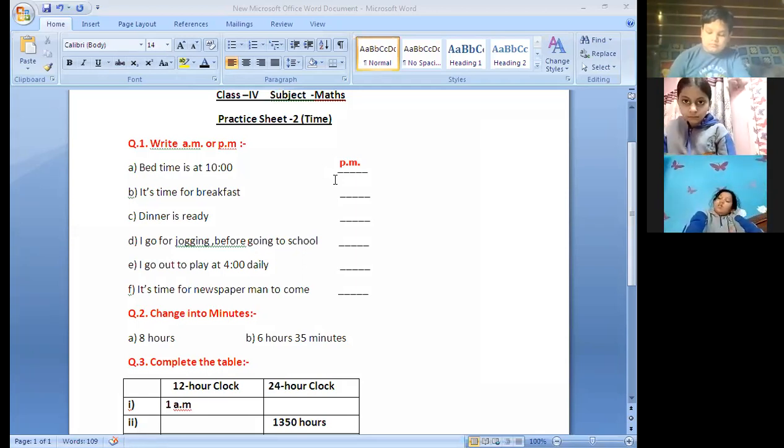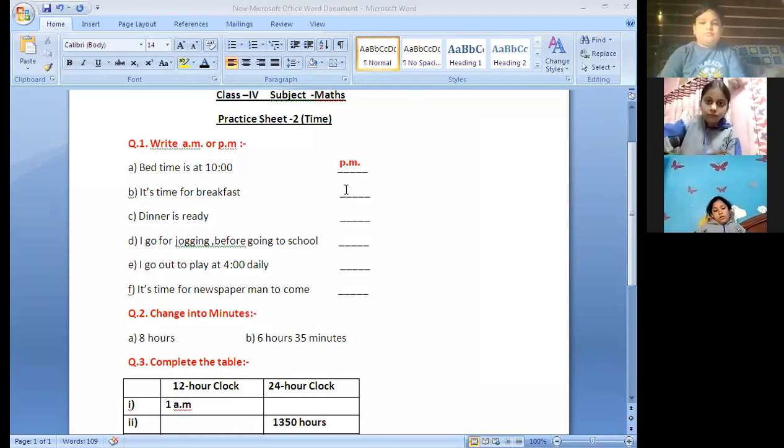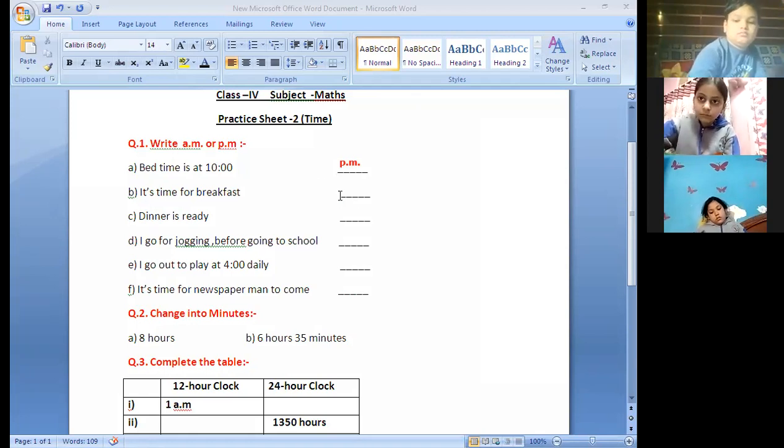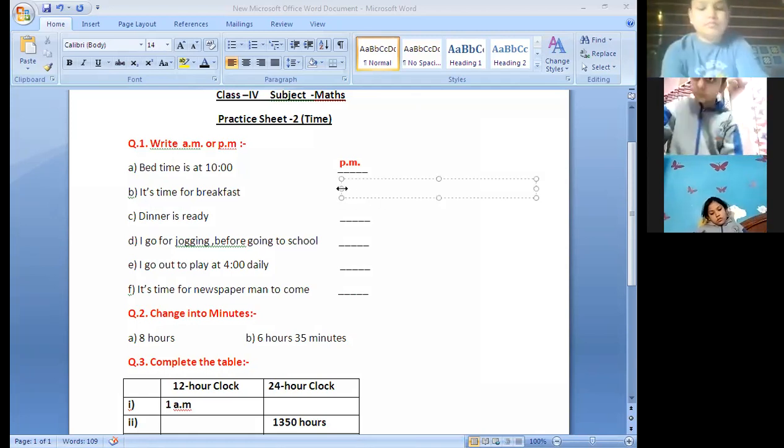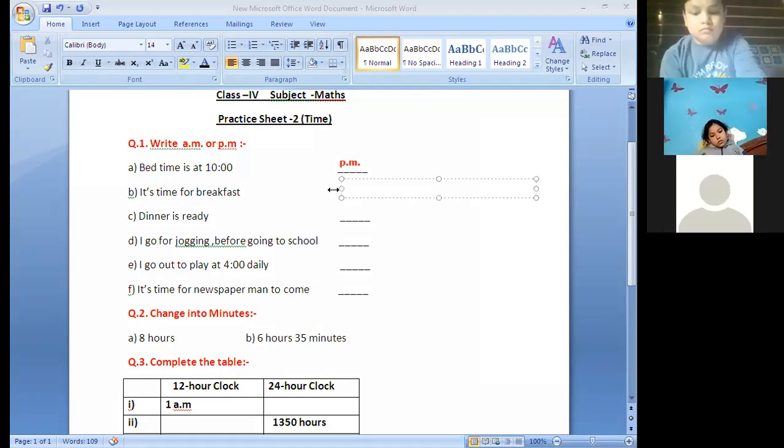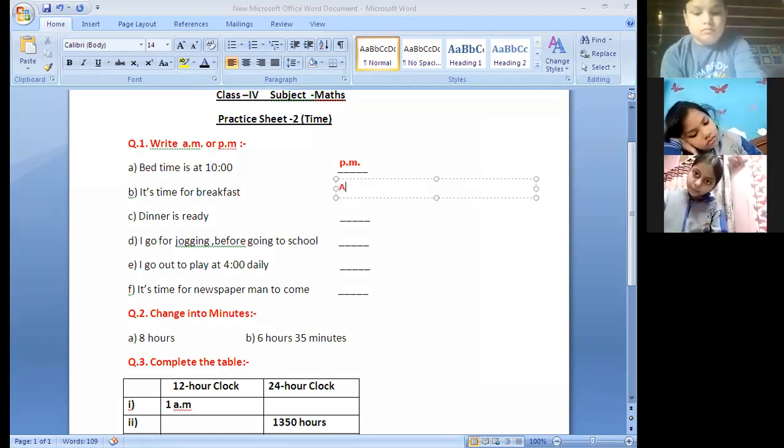And the same food in the evening time can be termed as dinner. In the case of dinner we are going to put PM, but here we are talking about breakfast, so we are going to put AM. Very nice.